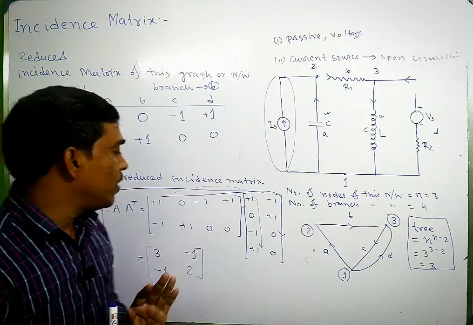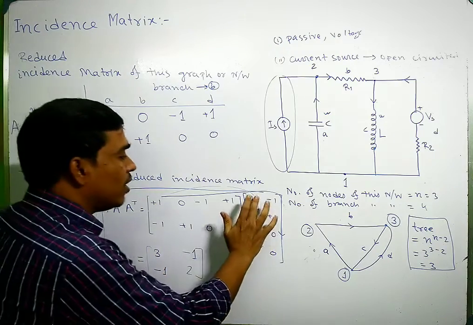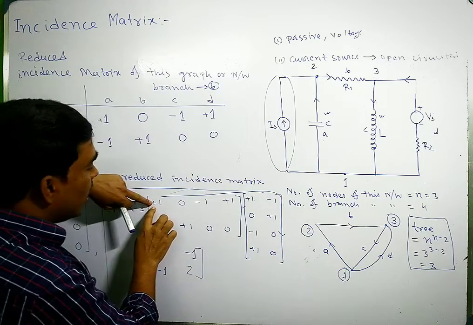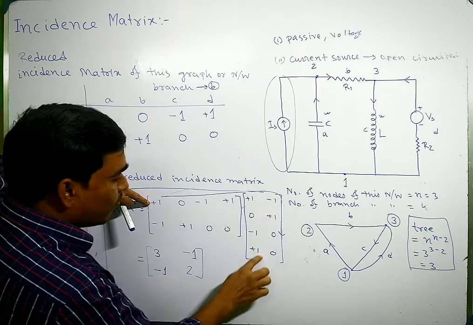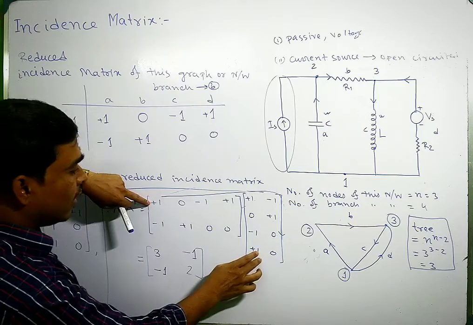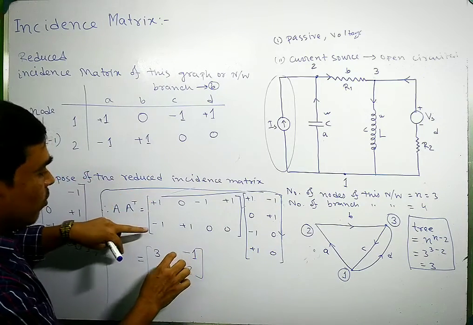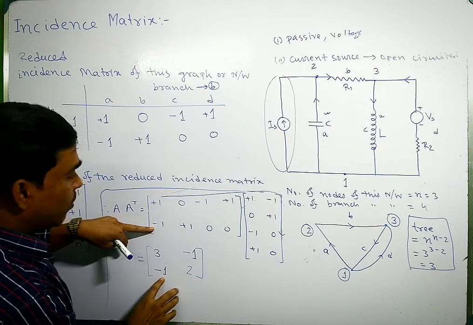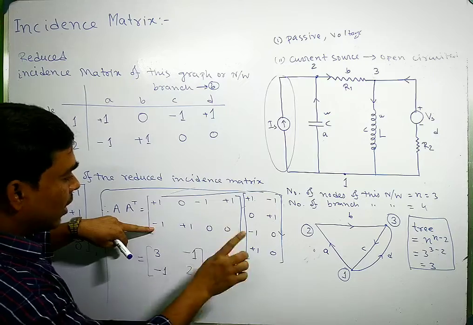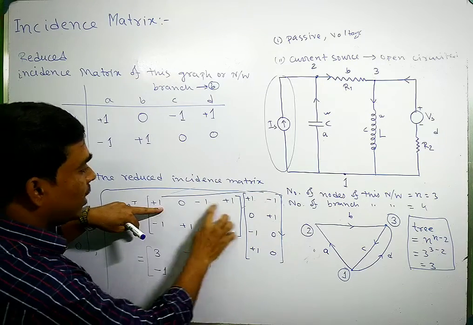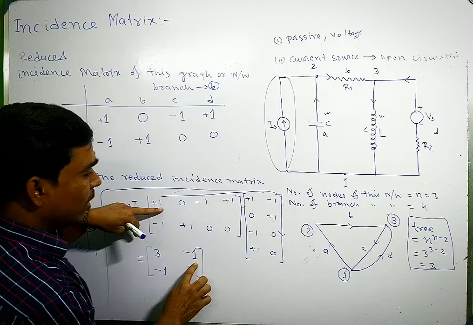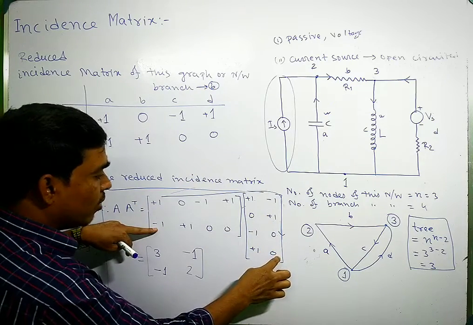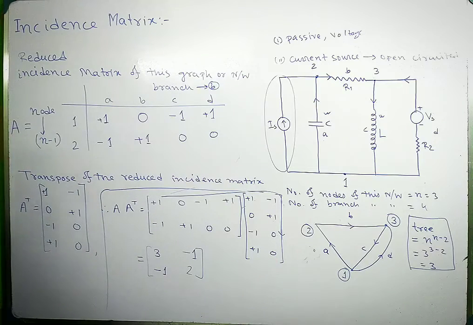So what will be the process for multiplication of this matrix? First you multiply in this way, you get 3. Then you multiply in this way, then it will be minus 1. Next you multiply in this way, then you get minus 1. Then this row and this column will be 2.